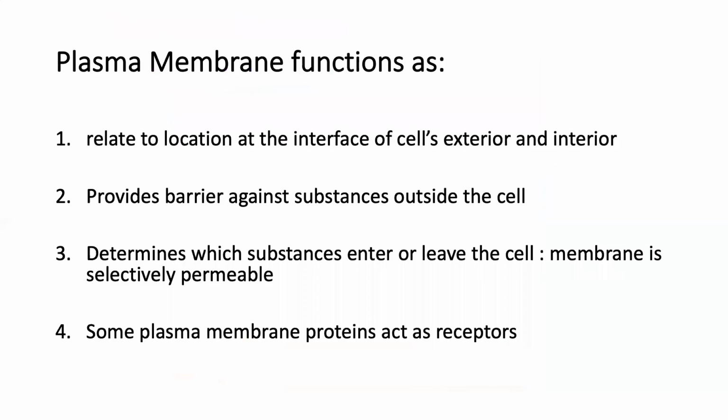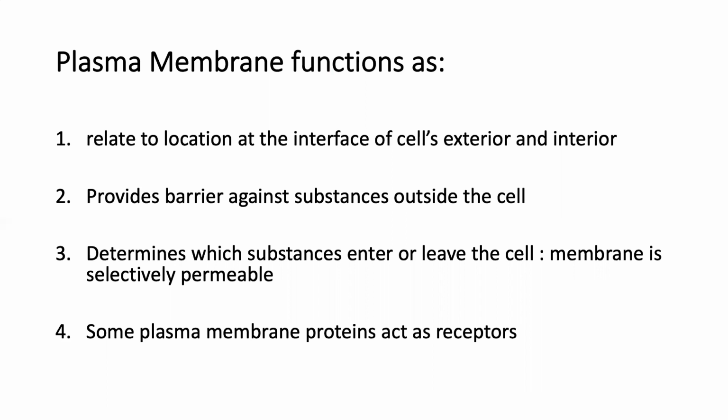And therefore we call it the plasma membrane fluid mosaic model, because the cholesterol and phospholipid make the plasma membrane soft and liquidy. The plasma membrane functions as the interface of interior and exterior.